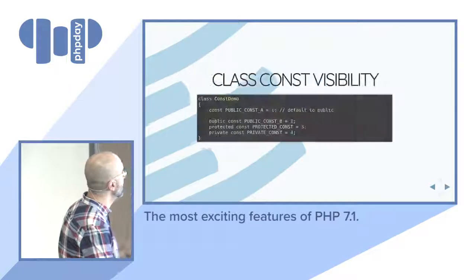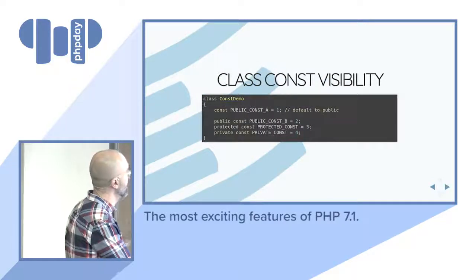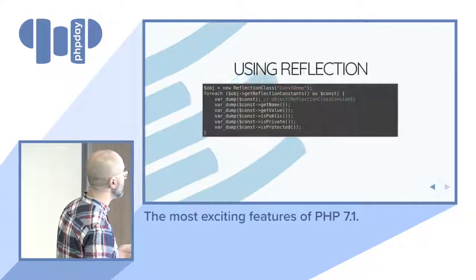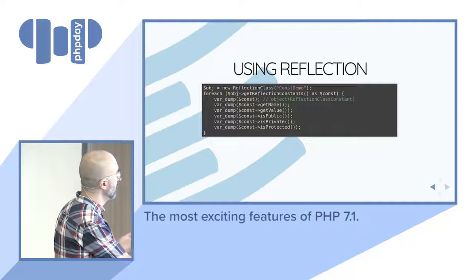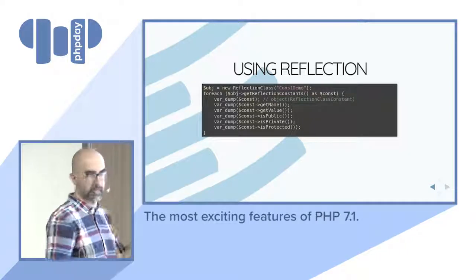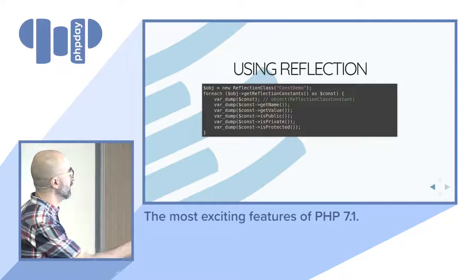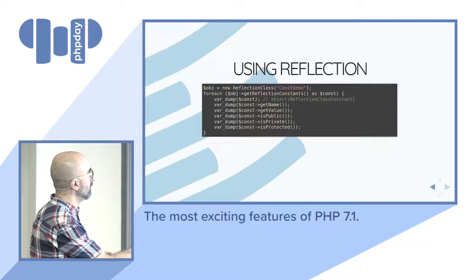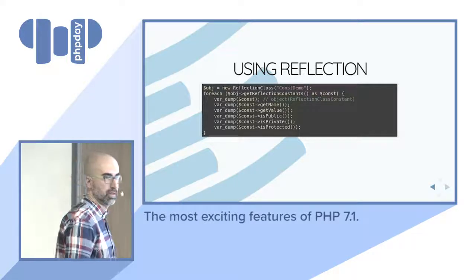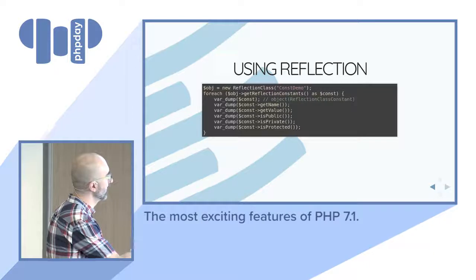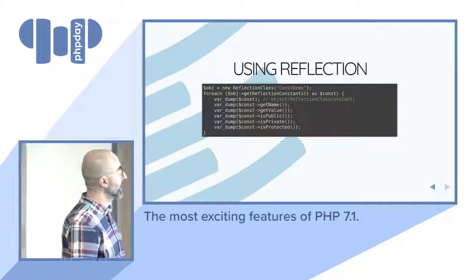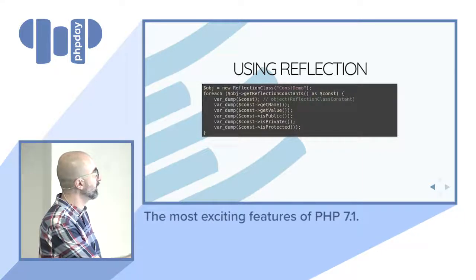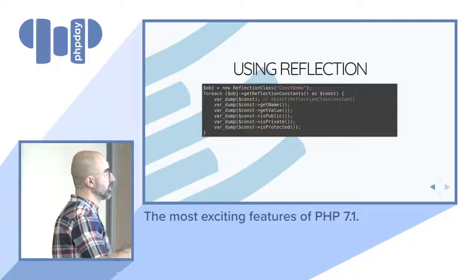In the previous slide, I just put an empty class with some constants, and the name is ConstDemo. Here we are getting an object of ReflectionClass, that is itself a PHP class, getting the class ConstDemo of the previous slide. So the object $obj contains information about the class ConstDemo. We can get the constants inside the class using getReflectionConstants.